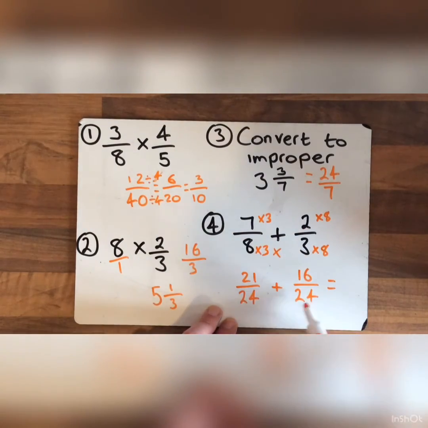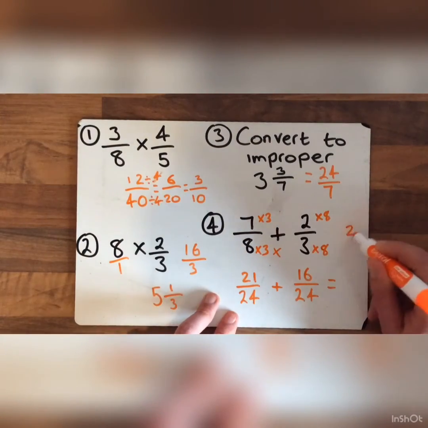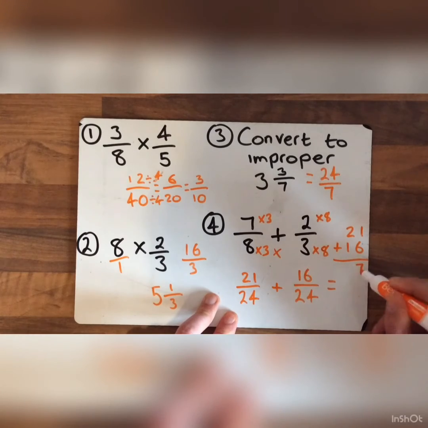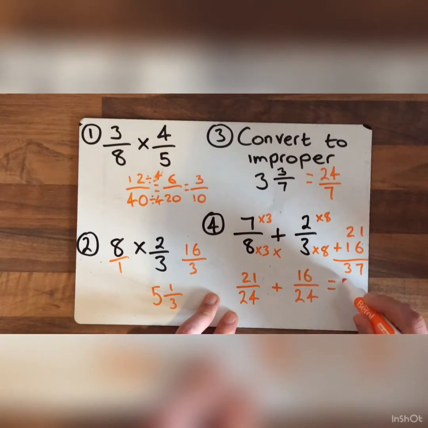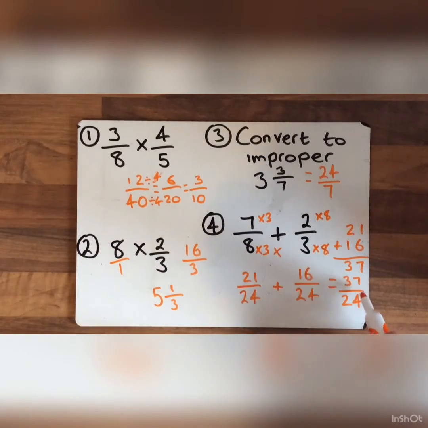And now we can see the denominators are the same, so now we can do the addition. You might be able to do it in your head, but to double check, you can add them up using the column method. So we have 37. So the answer would be 37 over 24. This can be simplified again.